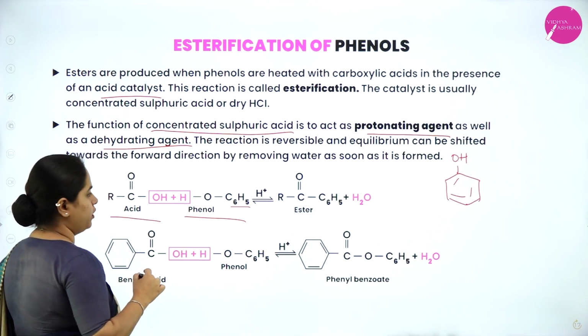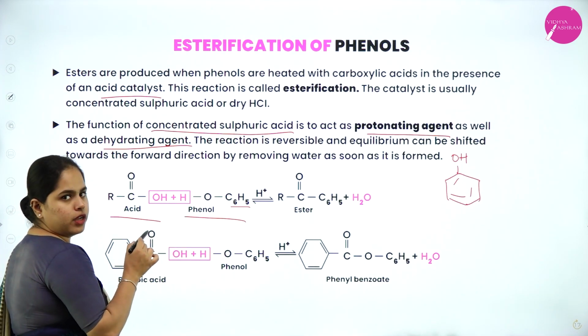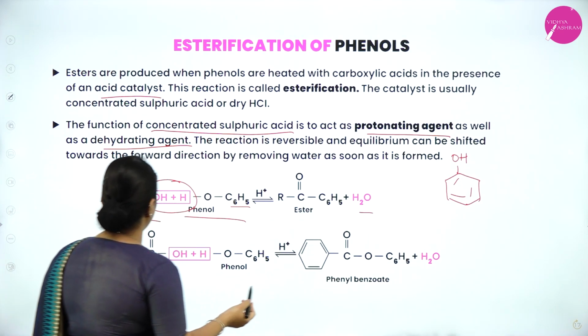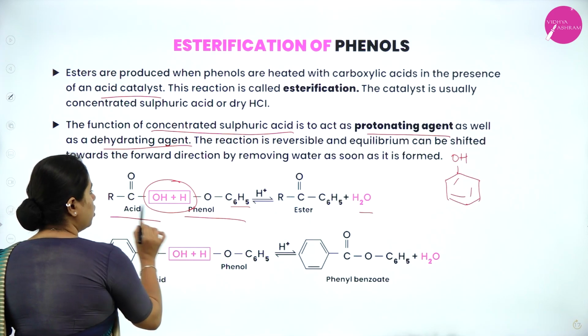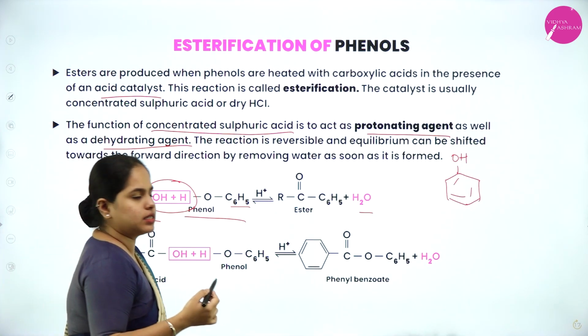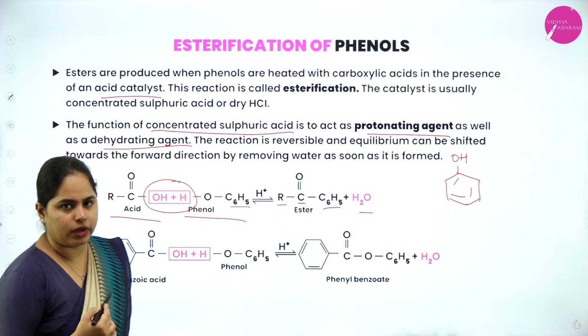C6H5OH. So that is your phenol. So hydrogen from phenol and the hydroxyl group from carboxylic acid will be removed as water. H2O will be removed. Now what is left there? RCO, C6H5. So the C double bond O, what is that? It is ester, right? RCOOC6H5. That will be formed. That is your ester.